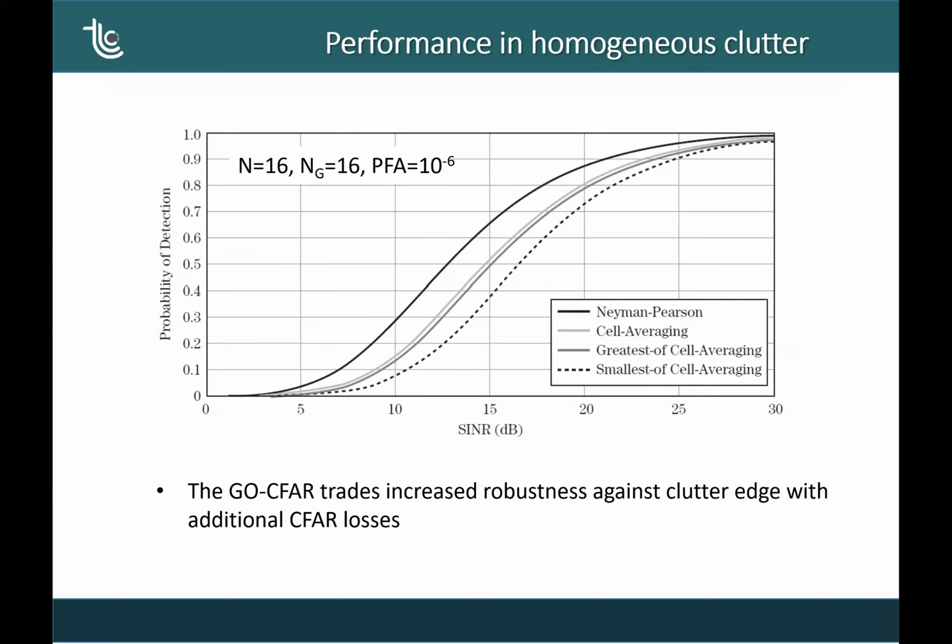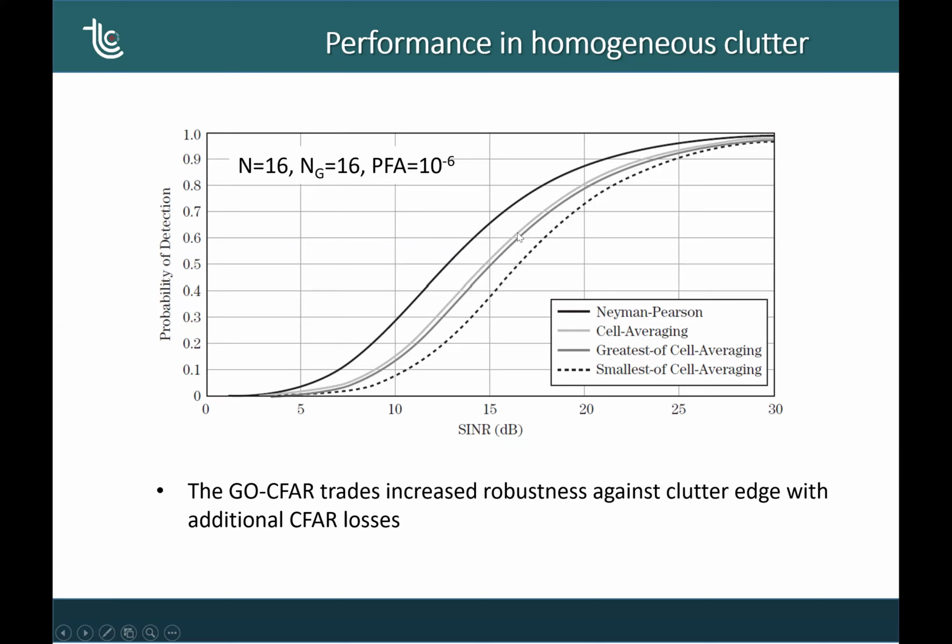Now let's look at the performance in homogeneous clutter, so when there is no clutter edge. We see the Neyman-Pearson detector is the best one because it knows everything. We have n equal to 16, so 16 range cells, and the probability of false alarm is 10 to the minus 6. Then we have the Neyman-Pearson detector, the solid black line.